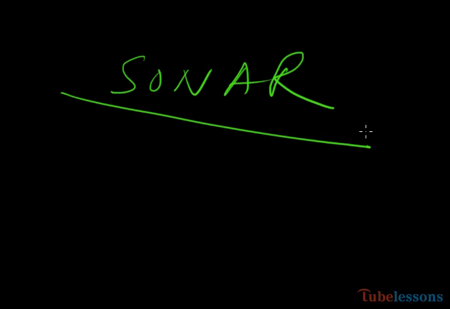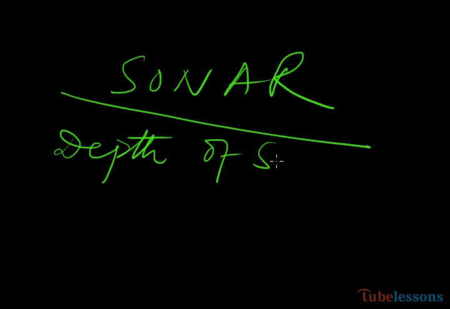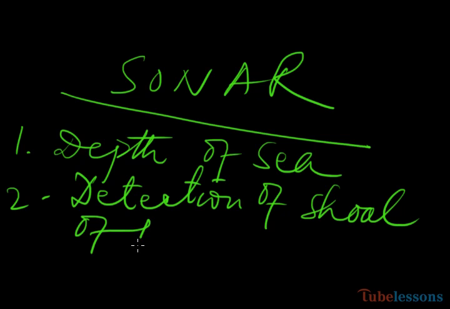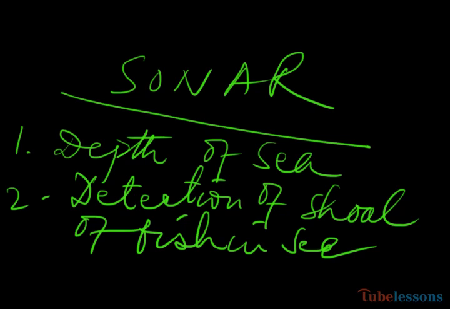In sound navigation and range, we use the echo for measurement of depth of sea, for the detection of shoal of fish in sea, for detection of mountain under the sea, etc. And by hearing the echo, we can determine this distance, this depth, etc.